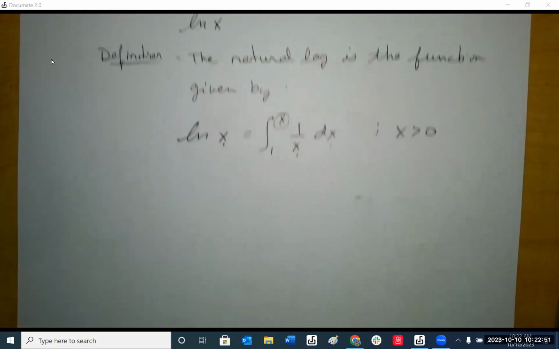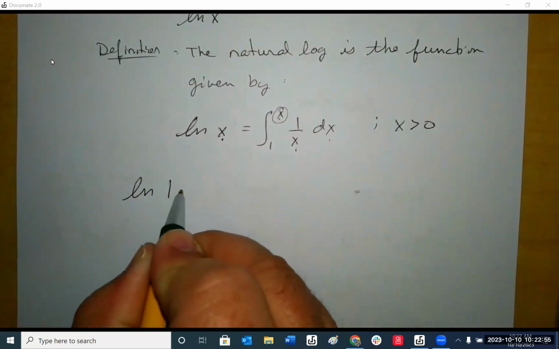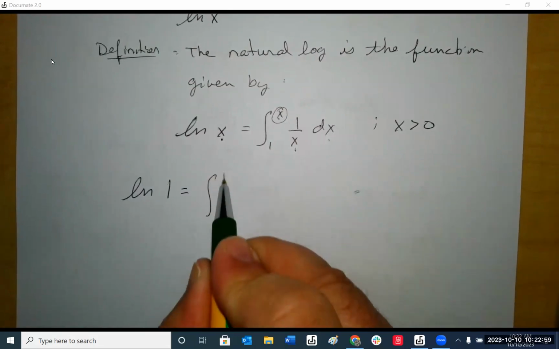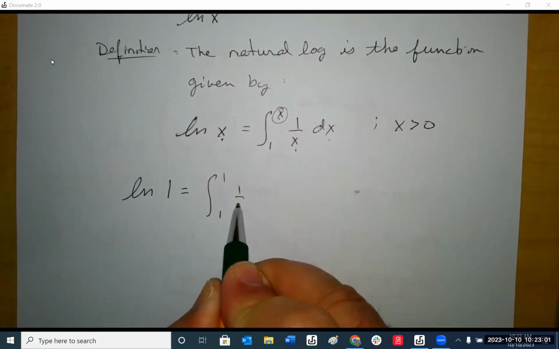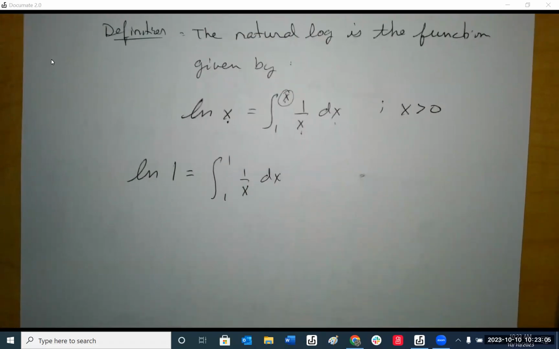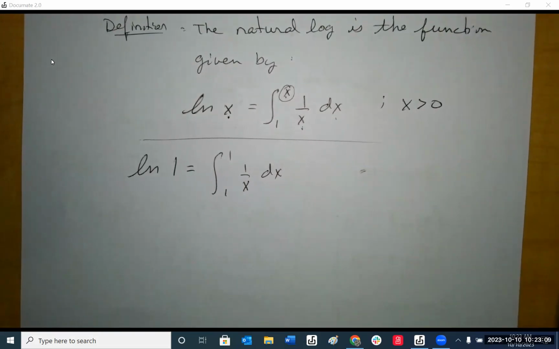What would we get if we had this equation? ln 1. Why? That's straight memory. You memorize ln 1, that's the x-intercept.